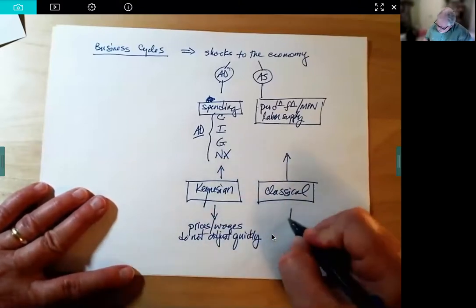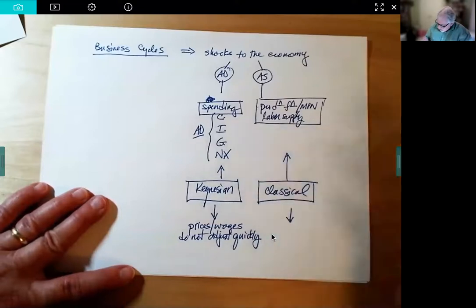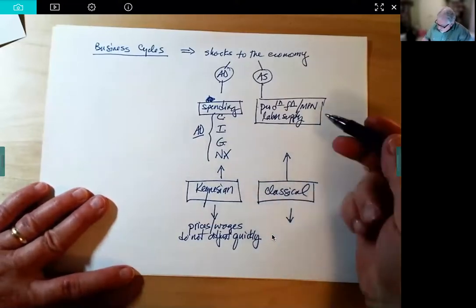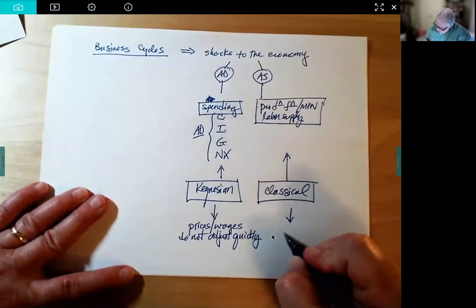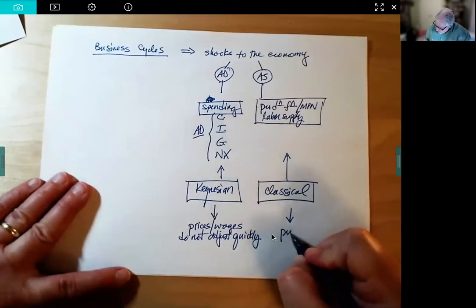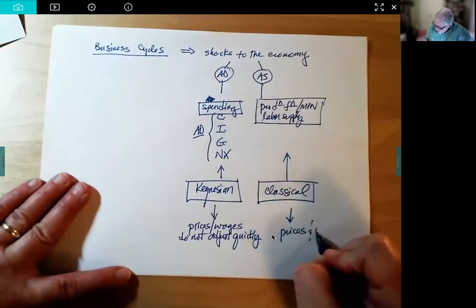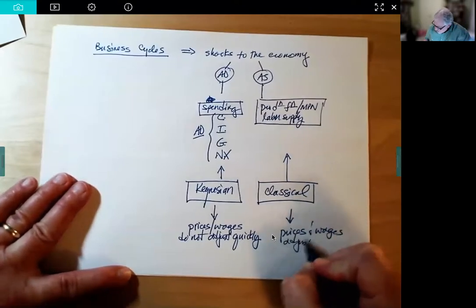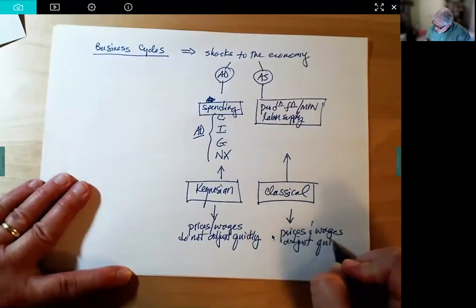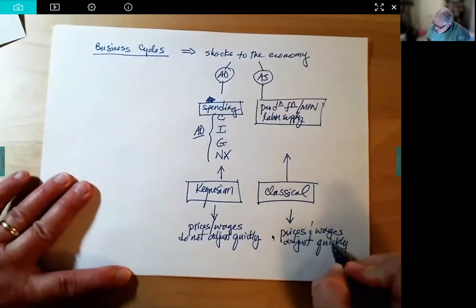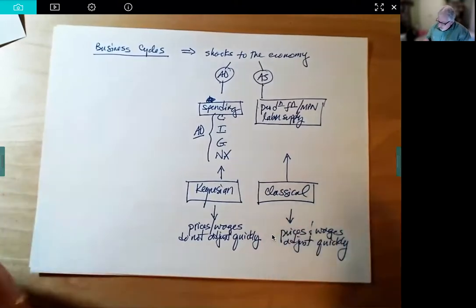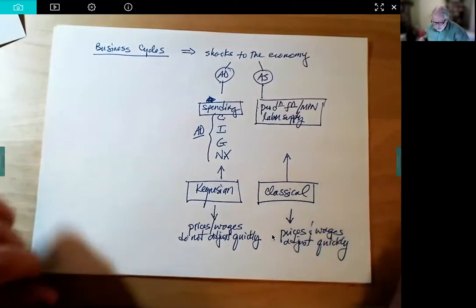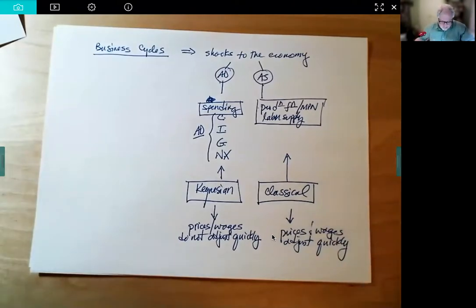That's going to lead to one set of outcomes in the economy when there are shocks to the economy. In the classical model, the assumption is that prices and wages do adjust quickly. That is the big difference between them, and it has big implications for how we view the economy.